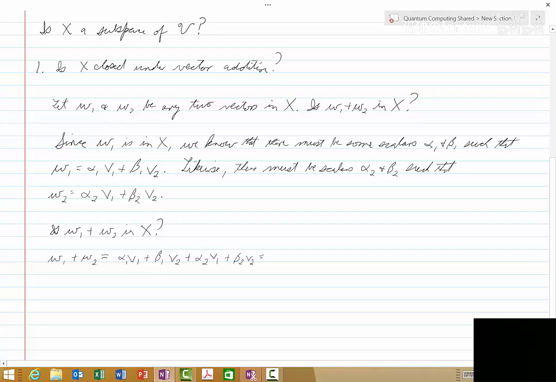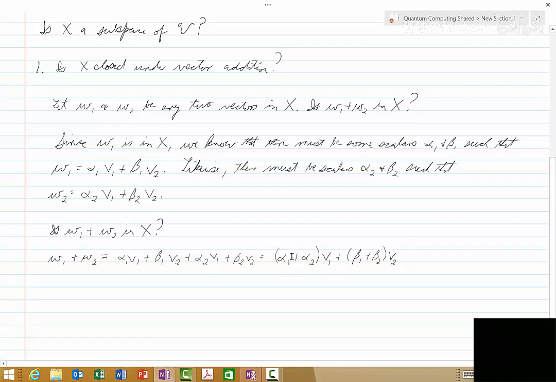And all of this can be regrouped as alpha 1 plus alpha 2 times V1 plus beta 1 plus beta 2 times V2. So W1 plus W2 can be written in this form.